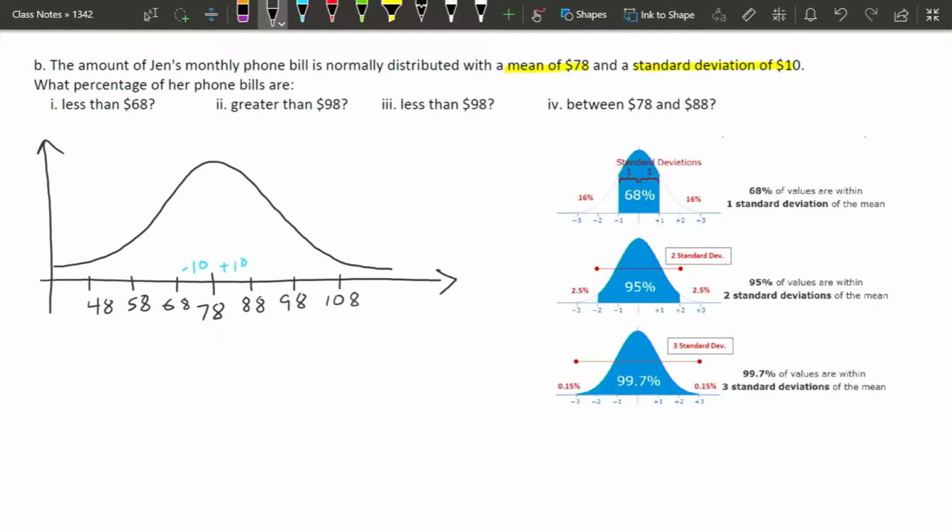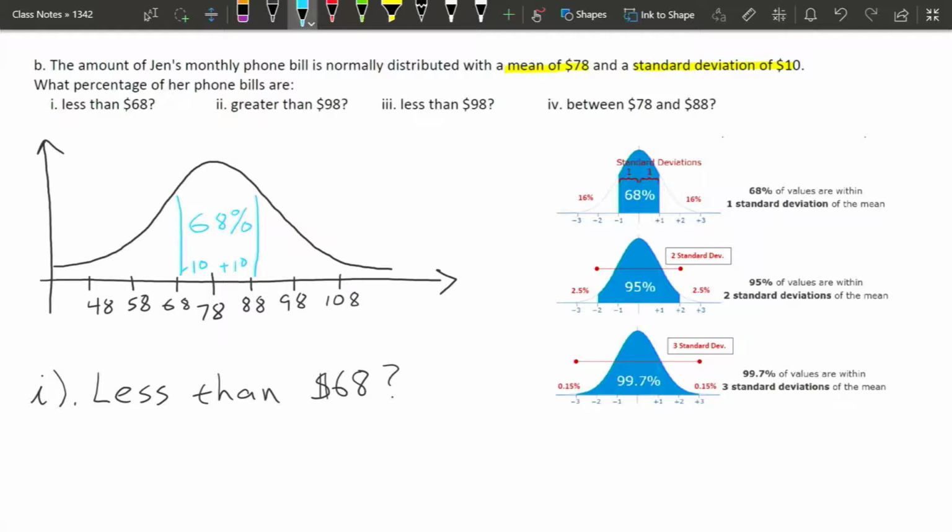Now the first one above says, what percent lie on the less than side of $68? Well, let's look at 68 here in the middle and think about what that means. If you look at the picture over at the side, remember 68% is between 1 standard deviation of the mean.